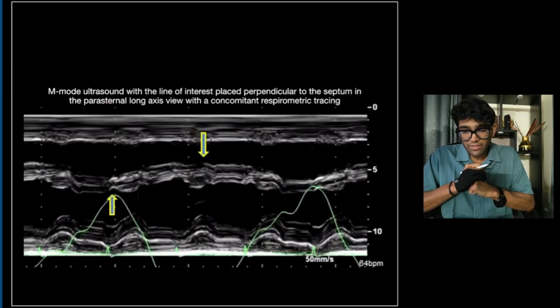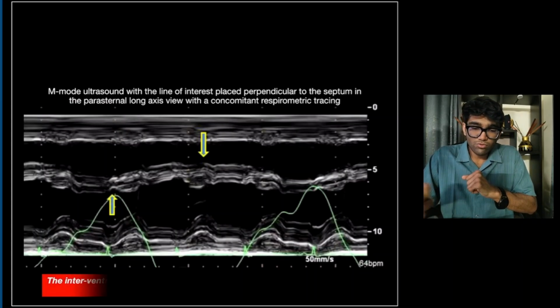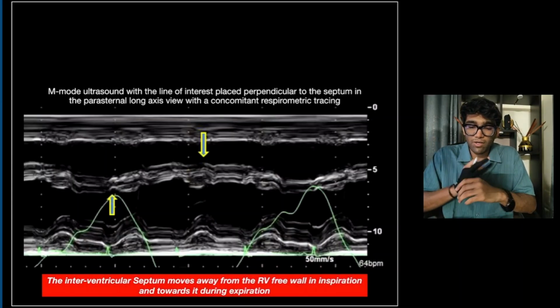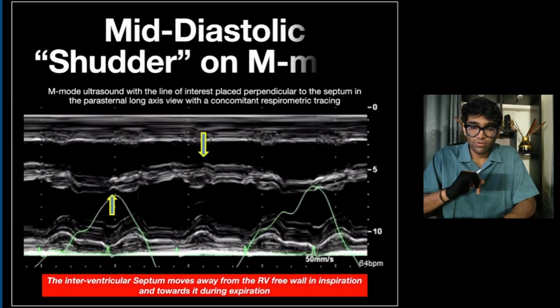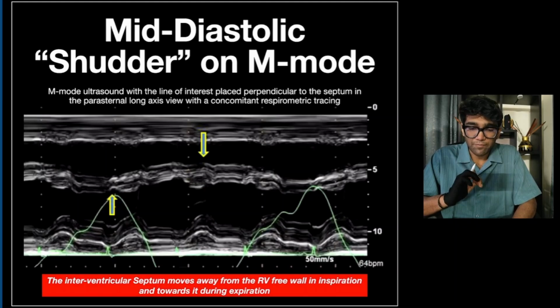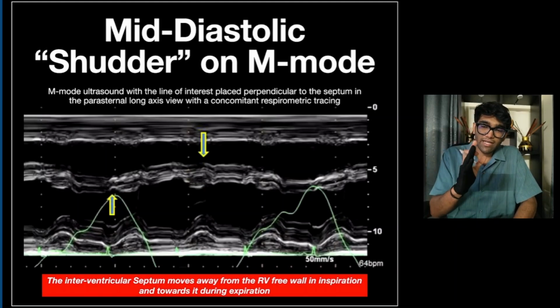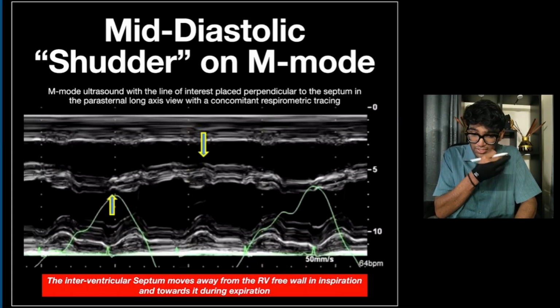Now, similarly, if I was to look at diastolic checking and septal bounce with an M mode ultrasound, okay, I would get something very interesting. I would see this kind of movement of the septum towards the left ventricle, then towards the right ventricle, and then back and forth, that produces an oscillation.